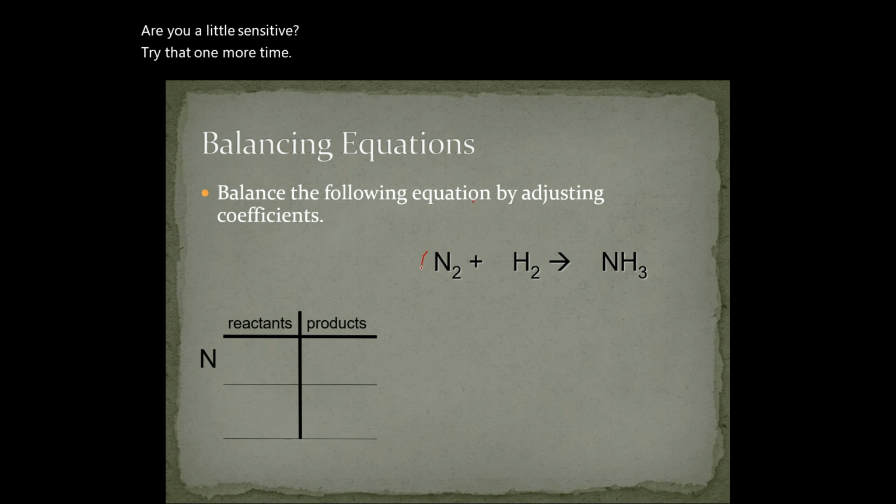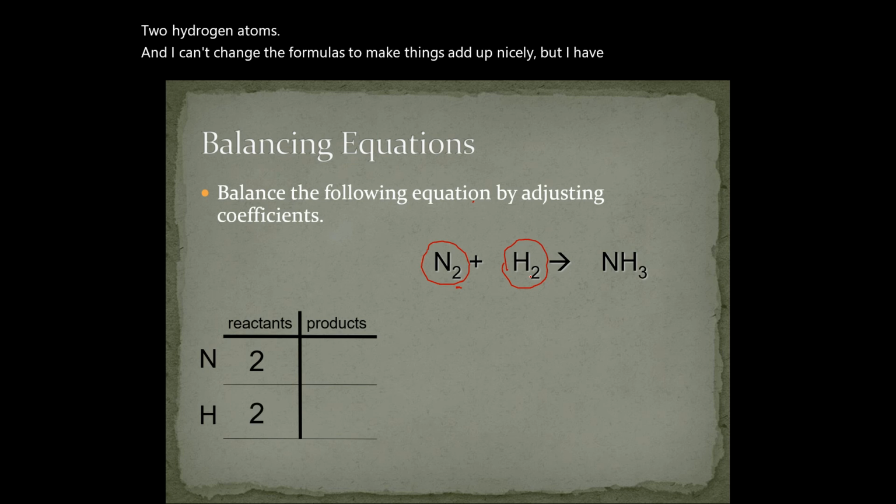Okay. So the nitrogen here, there's 2 of them. So I have 2 nitrogen atoms. And on the left-hand side, I also have 2 hydrogen atoms. And I can't change the formulas to make things add up nicely, but I have 2 hydrogen atoms. Let's go to the product side.